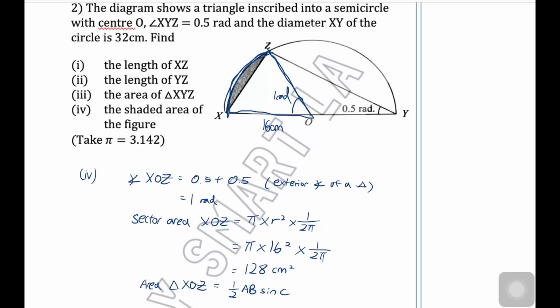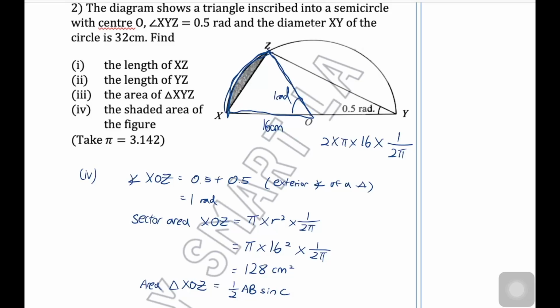And then your proportion, so let me just write down here real quick, 2 times pi times your radius, which is 16, multiplied by your proportion, which is 1 radian over 2 pi. So very similar to what we did in part 4, where we are finding the sector area of this XOZ.